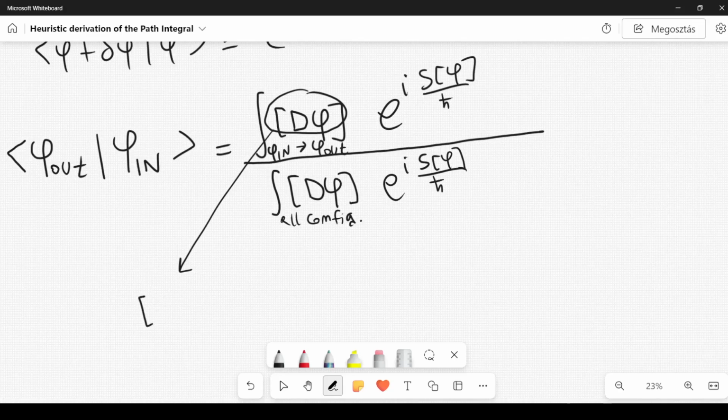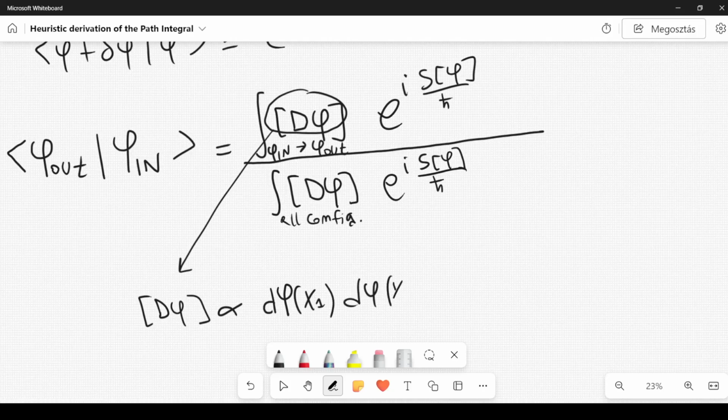So let me tell you that this measure, d phi, is proportional to an infinite product of differentials of the kind d phi at some point x1, d phi x2, d phi x3, dot dot dot. You get the idea. So this is an infinite product because these x1, x2, x3 can span all the possible points in the space that you are considering.